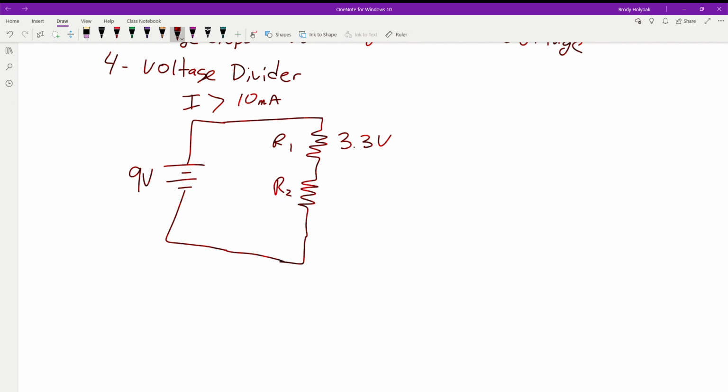Okay? Step one, where do we go from? What are your thoughts? Okay. So the voltage drop across R2, that's probably something we're going to need to know. That is going to be equal to the 9 minus the 3.3.